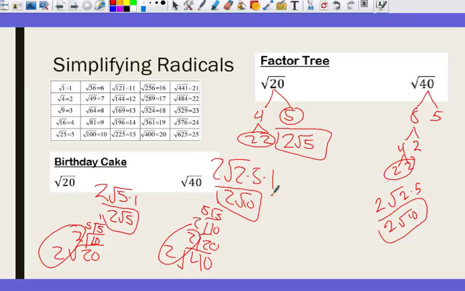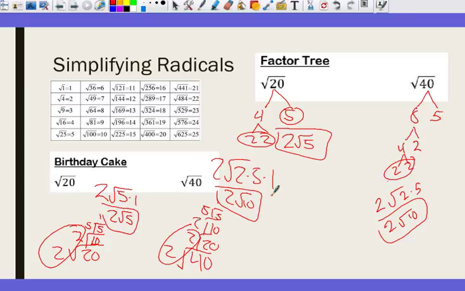Let's see. I have to think about this one. 93, prime number. So the answer would be square root of 93. No, wait, 93 is not a prime number.